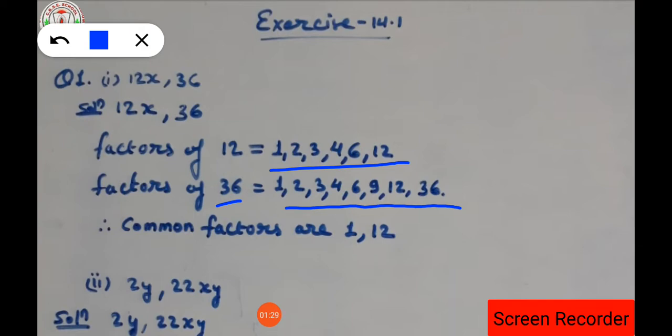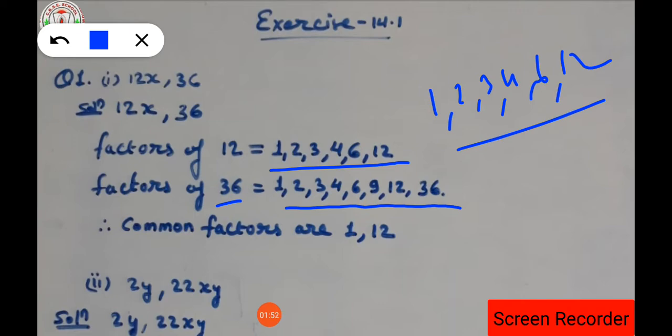Now it is asked to find the common factors. So 1 is common for both 12 and 36. 2 is common, 3 is common, 4 is common, 6 is common and 12 is common. These many factors are common for both 12 and 36, these are the common factors for 12x and 36.